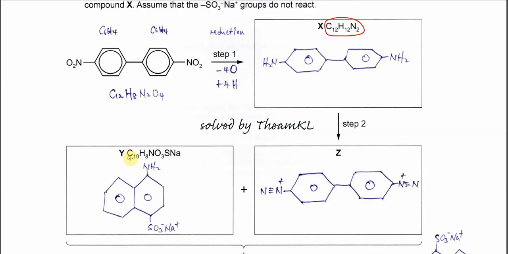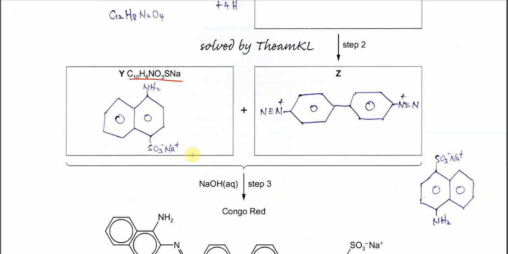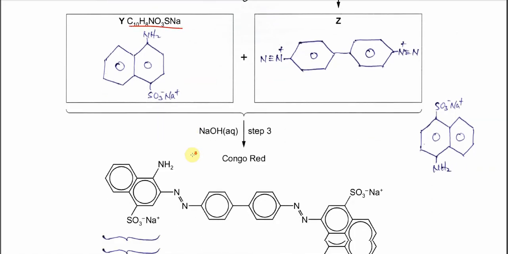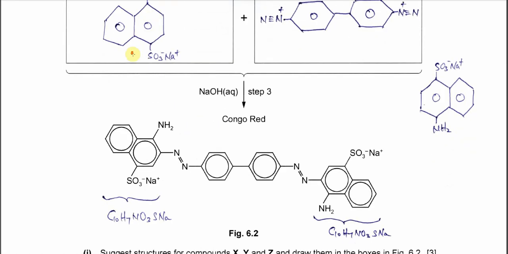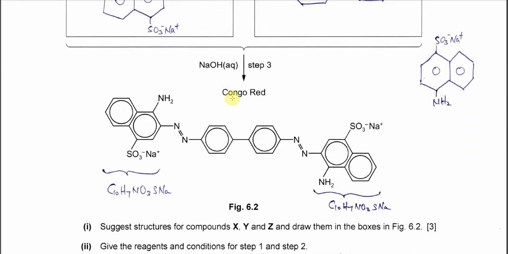So Y now has the molecular formula C10H8NO3SNa. Before you deduce the structures of Y and Z, you have to analyze the azo dye structure.